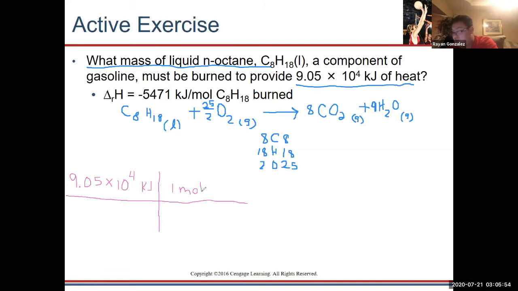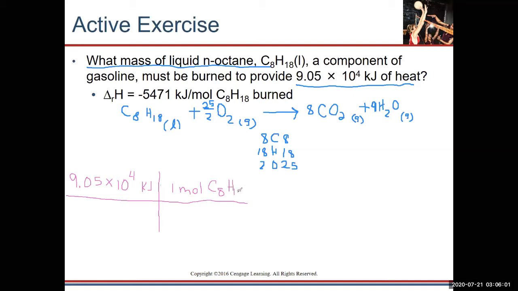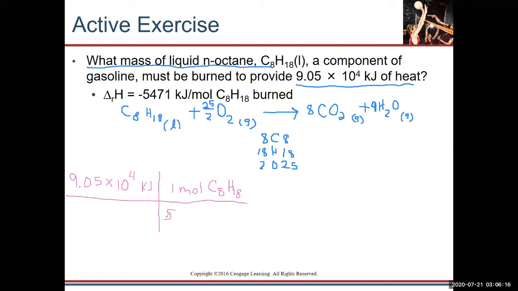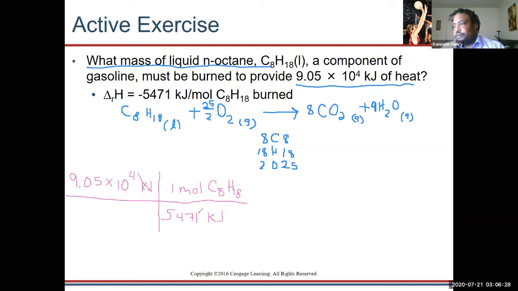Do we keep the negative in front of it? Nope. Because the negative just tells us whether it's on the product side or on the reactant side. So the value itself is going to be an absolute, so we just use the value as it is. So that means the kJs are going to cancel out.